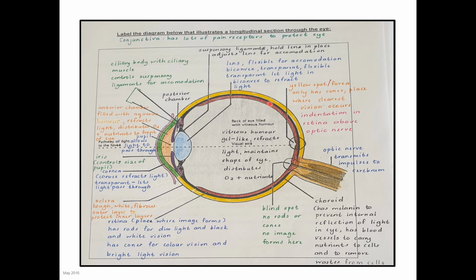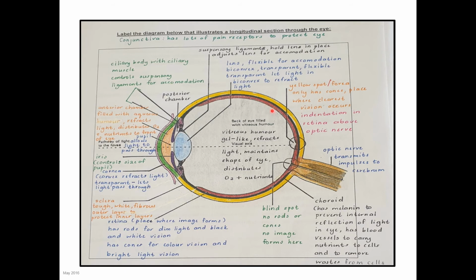In black is the choroid. It has melanin. That's why it appears black. It has melanin to prevent internal reflection of light in the eye. And the one that everybody forgets is the choroid has blood vessels to carry nutrients and oxygen to the cells, and to remove carbon dioxide and waste from the cells.